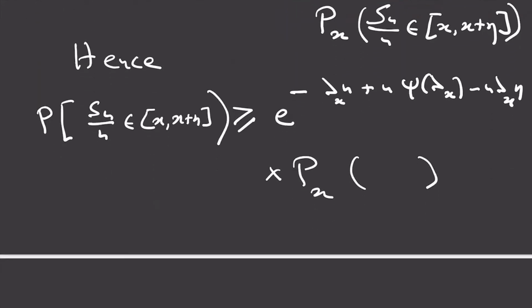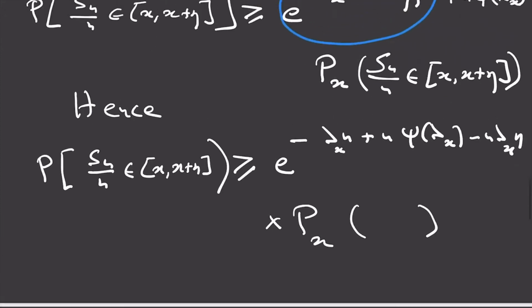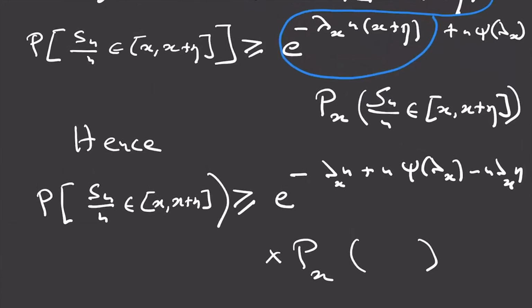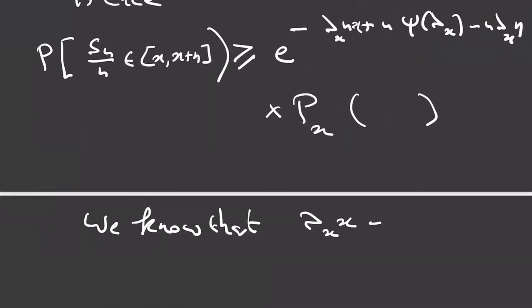So things are becoming very pleasant here because we know that lambda x, there is an x missing. We know that lambda x minus psi of lambda x is exactly equal to psi star of x.